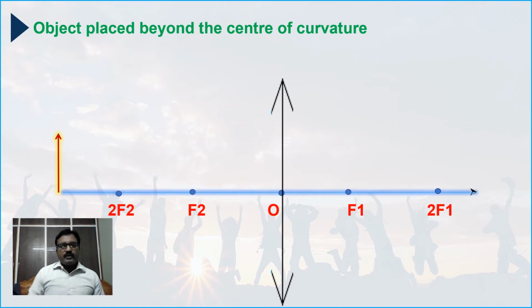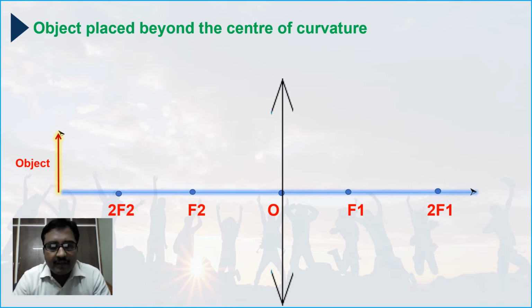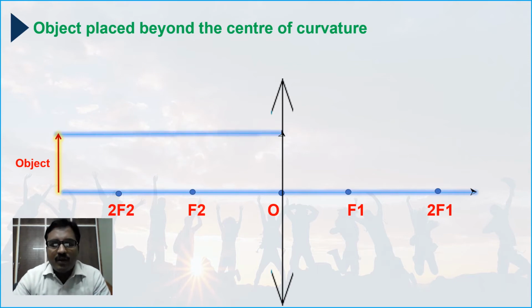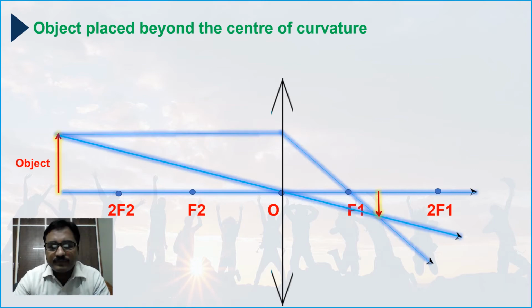Whenever we start drawing a ray diagram, we have to draw a light ray parallel to the principal axis. That is the first thing that we have to do. Now after refraction, the parallel light ray is going to pass through the focal point.